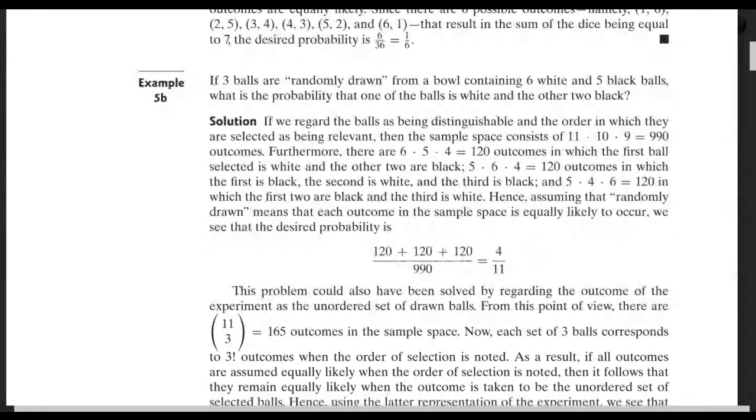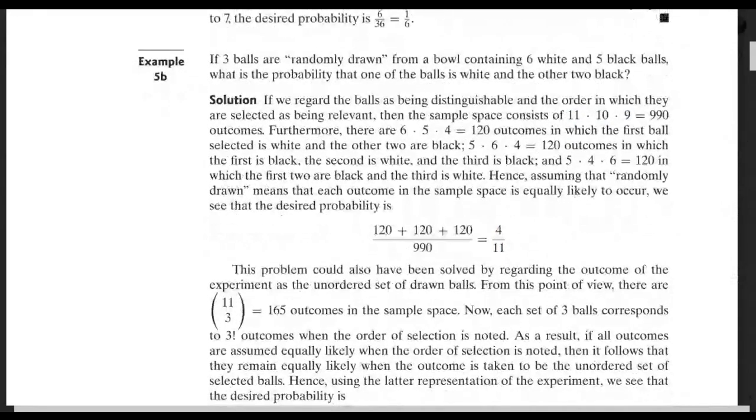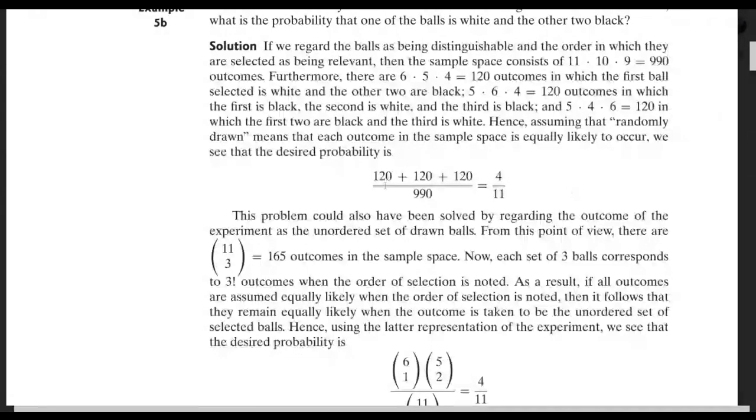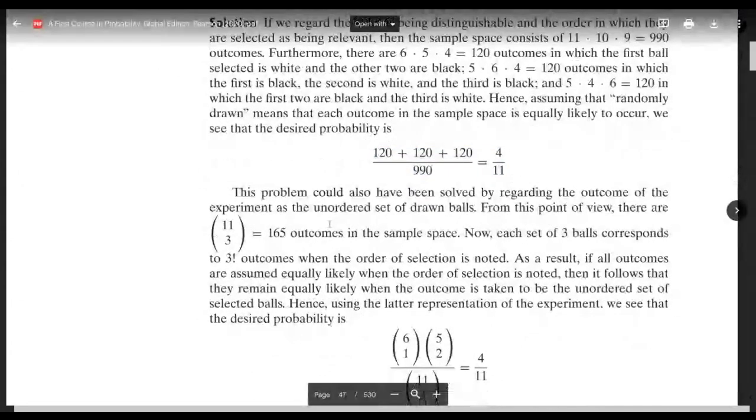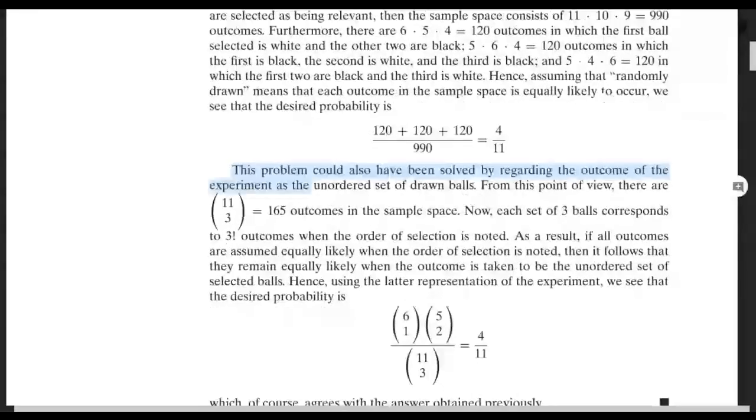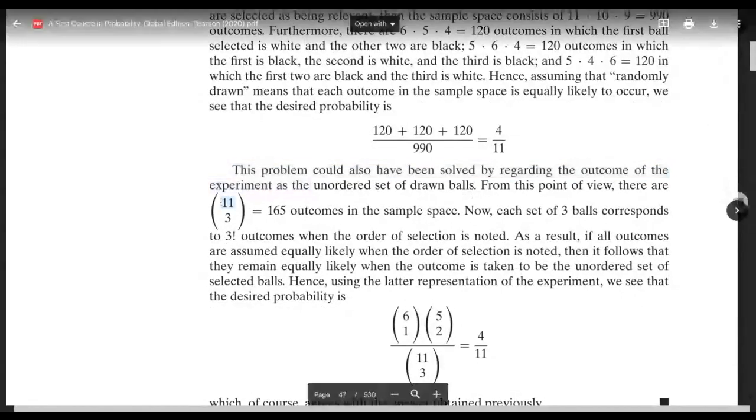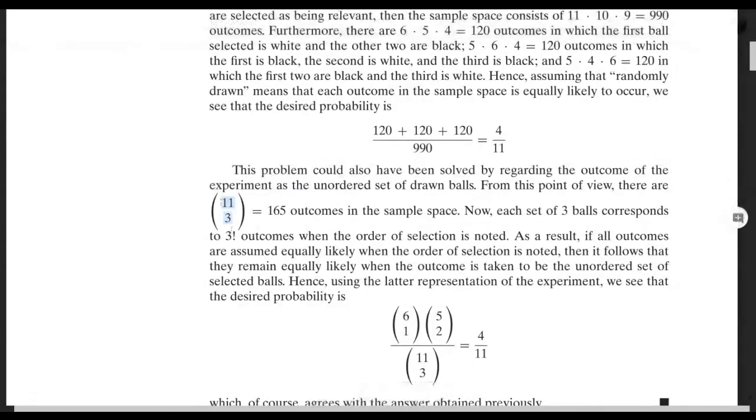So this is one way to consider the desired probability. Well, let's see another one. This problem could also have been solved by regarding the outcome of the experiment as the unordered set of drawn balls. From this point of view, there are 11 choose 3 of them, right?